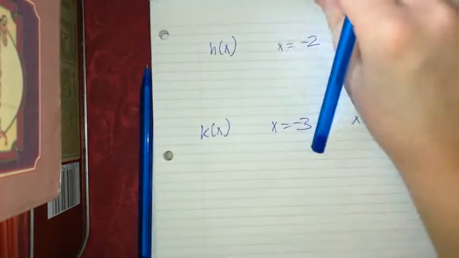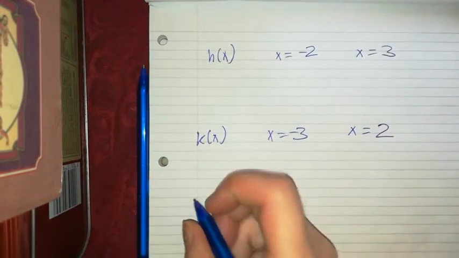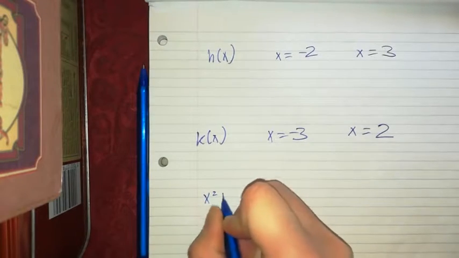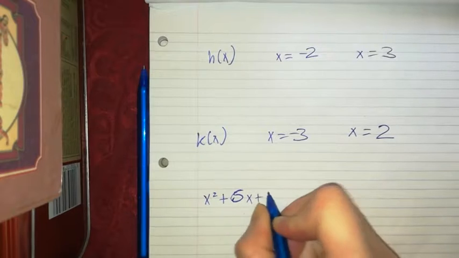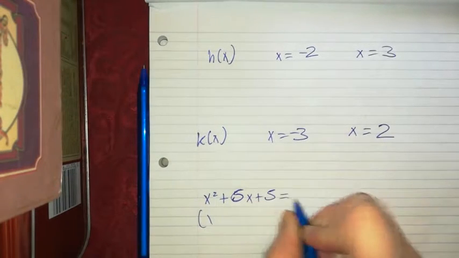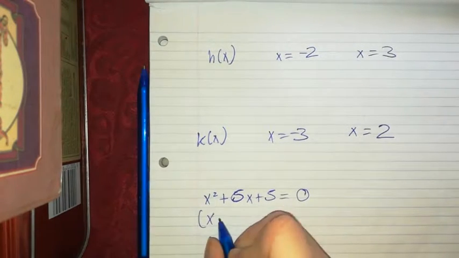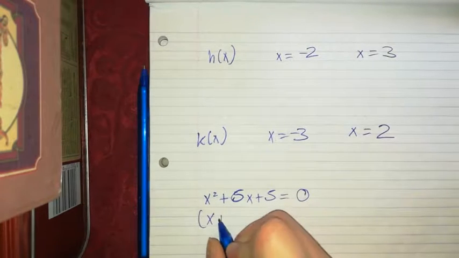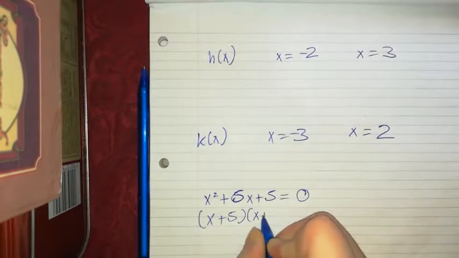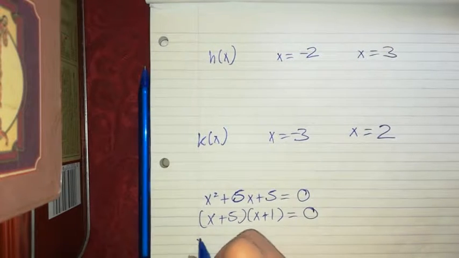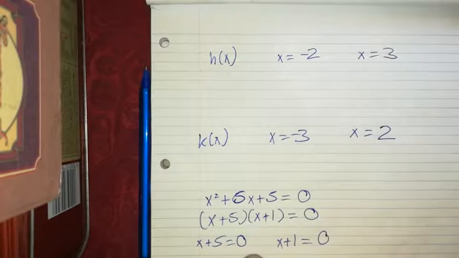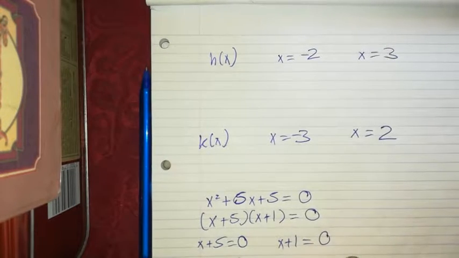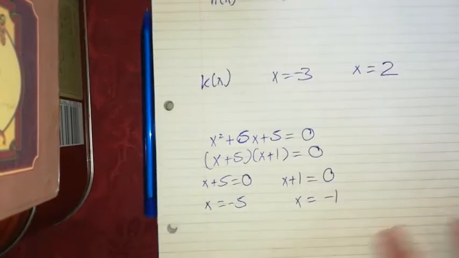I'm just going to do a random quadratic that doesn't have anything to do with this question, and solve it, so you can see the steps, because we're going to have to learn how to go backwards. We're basically forming a quadratic just knowing its roots.